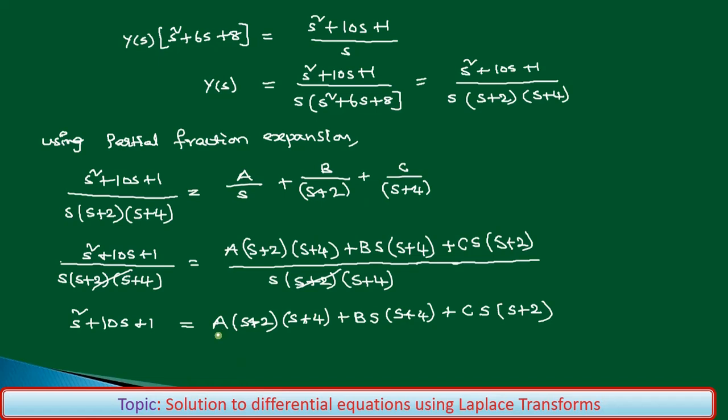Now we'll try to find the A value, B value, C value. To find A, B, C, we put s equal to 0 to find A, s equal to minus 2 to find B, and s equal to minus 4 to find C.